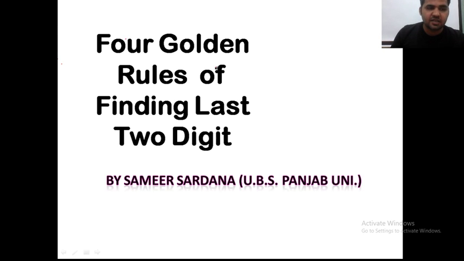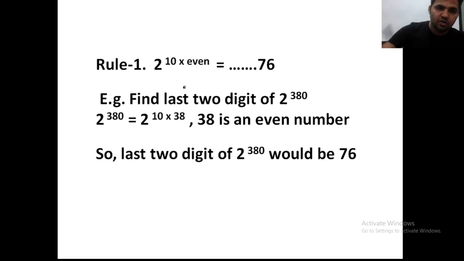Alright, so let's start with the session, which is about the 4 golden rules of finding the last 2 digit. I'm starting with rule number 1. Rule number 1 states that if you're supposed to find the last 2 digit of any number with a power of 2, any number which can be represented as 2 raised to power 10 into an even number, in that case the last 2 digit will always be 76.